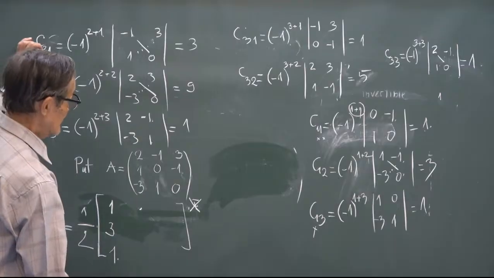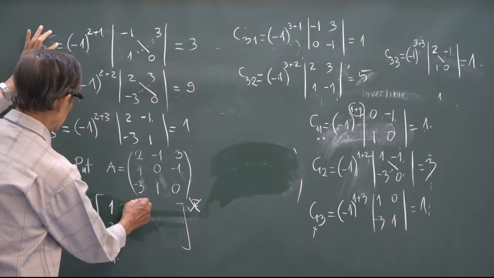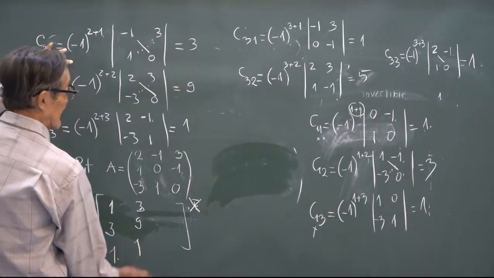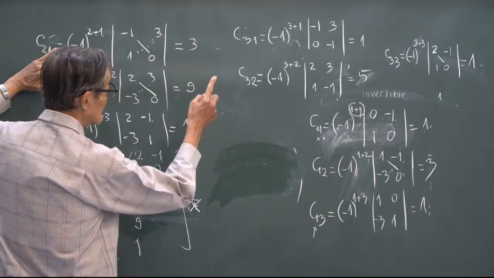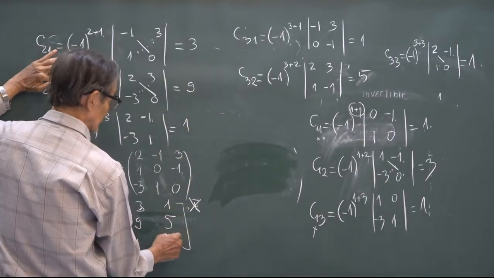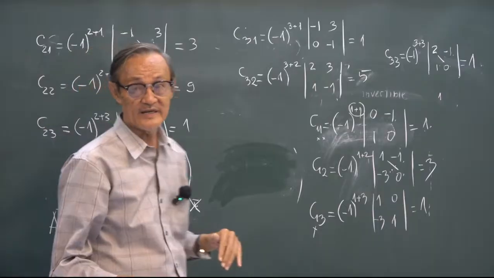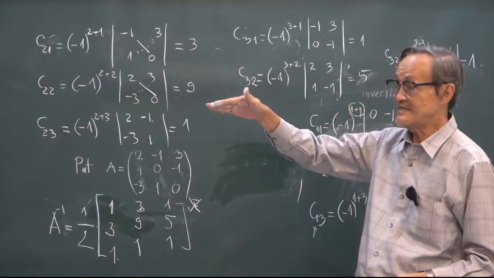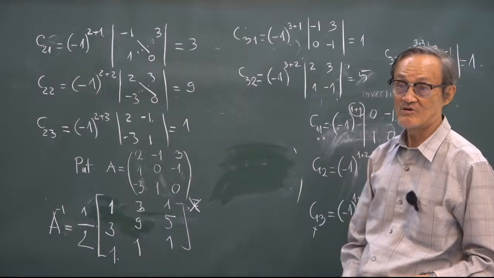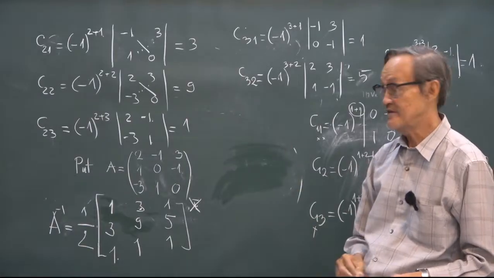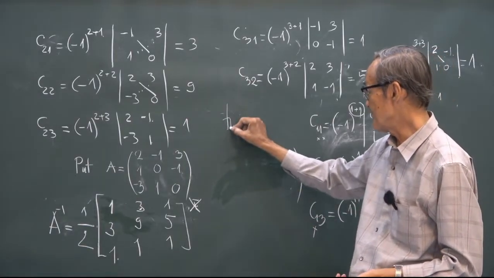C22, 21, 22, 23, and 31, 32, 33. Okay. Instead of writing row by row, we write column by column because we have the transpose.